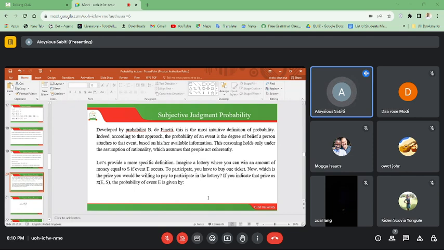So, for example, what would be the probability of an individual getting pregnant? Now, this degree of belief is from the person, and it is based on the available information to the person. So if the person knows that they had a particular intercourse, then they should have a higher degree of belief that they have conceived. But similarly, subjective judgment applies to contraceptive uptake.